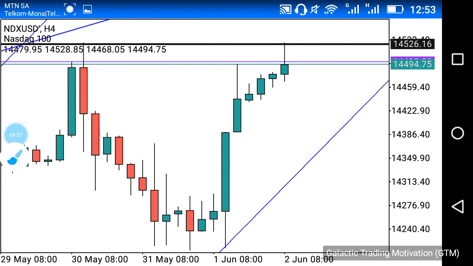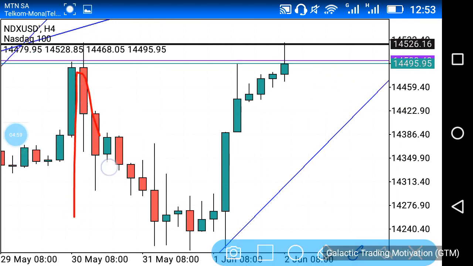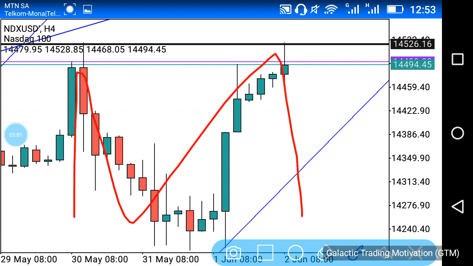Another thing that I also want to point out is that as much as we have this potential M structure, just note that whenever it comes to M structures, what normally happens is that a lot of traders and investors usually sell the second leg of that M structure or double top, and they place their stop losses just above, right?